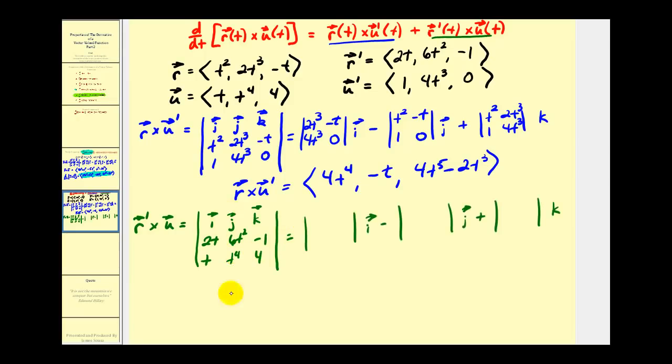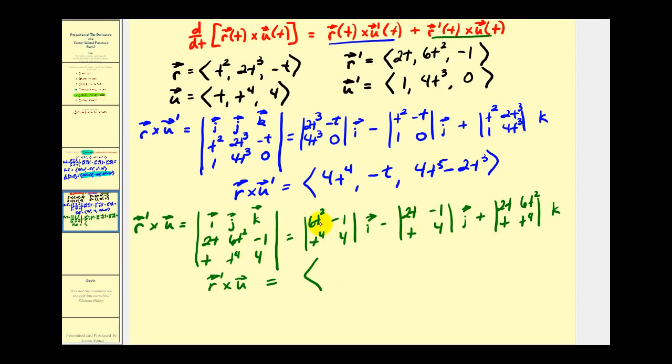So eliminating row 1, column 1, we'll have 6t squared, negative 1, t to the fourth, and 4. Eliminating row 1, column 2, we'll have 2t, negative 1, t, and 4. Row 1, column 3, we'll have 2t, 6t squared, t, and t to the fourth.